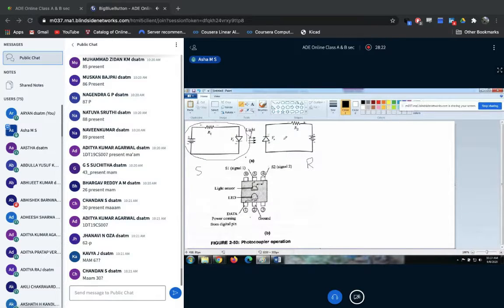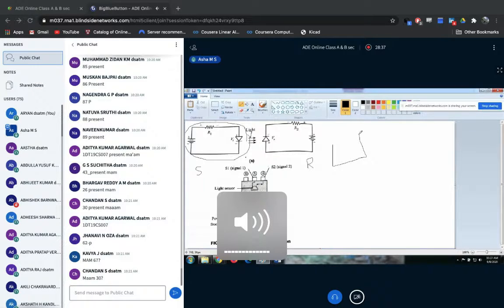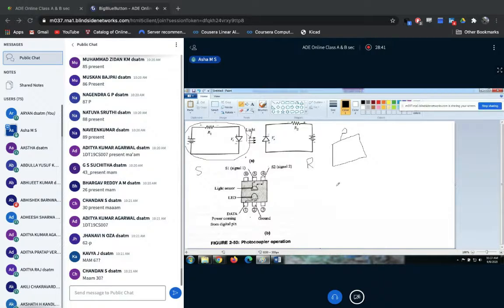Coming to the construction, how exactly is this optocoupler constructed? It always needs two components, right? When it is considered as a source, what is this source? This source is a photo generator. Normally this source will be considered as an LED which emits light.